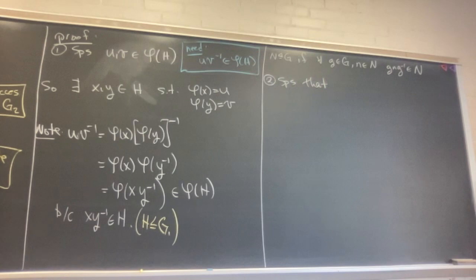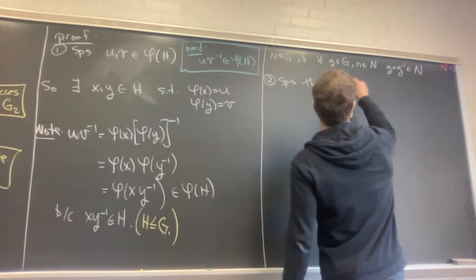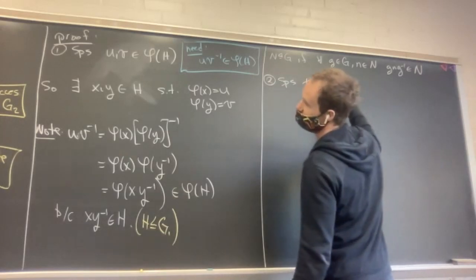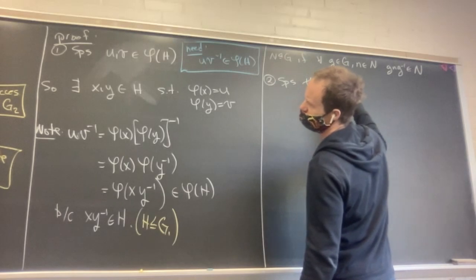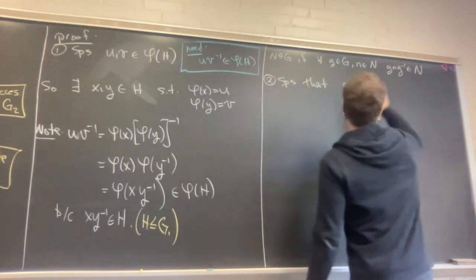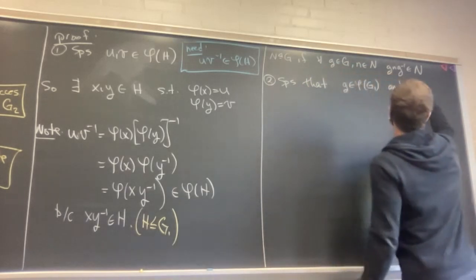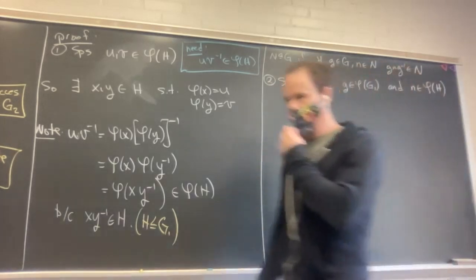And phi of G1 is playing the role of our big G group. So when we pick our little elements, we have to consider them coming from those places. So let's suppose that little g is inside of phi of G1, and little n is inside of phi of H.